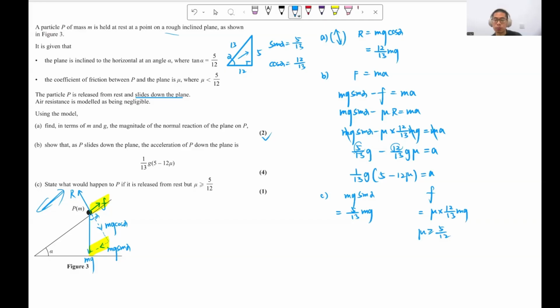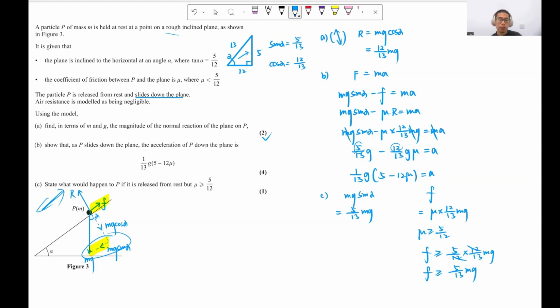So if mu is more than or equal to 5/12, that means the friction has to be more than or equal to 5/12 times 12/13 mg, which is 5/13 mg. So mg sine alpha, the downwards force, is equal to 5/13 mg. And I just showed here that the friction is more than or equal to 5/13 mg.